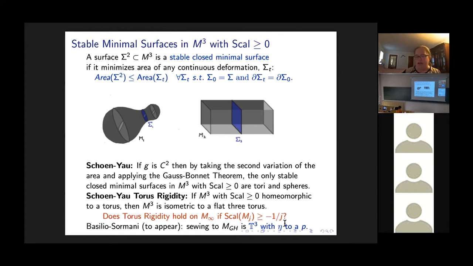So you start with a flat torus, you make it a little bit negative, it gives you lots of little lumps that look like balls inside spheres, and then inside those balls, you will construct the tunnels. And in that process, we'll be able to have a string pulled to a point. Now, if we do that, then torus rigidity doesn't seem to hold because we would have a limit that's a torus with a string pulled to a point.